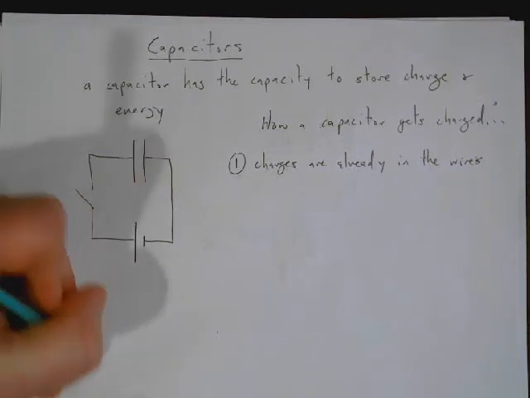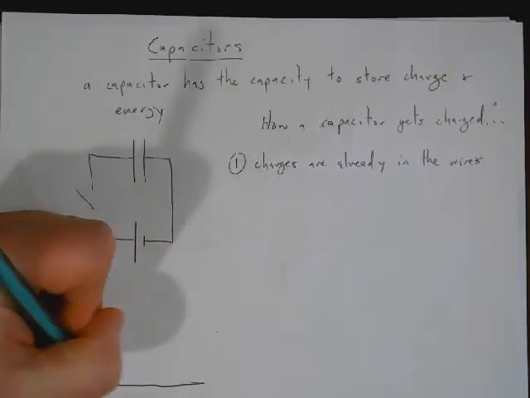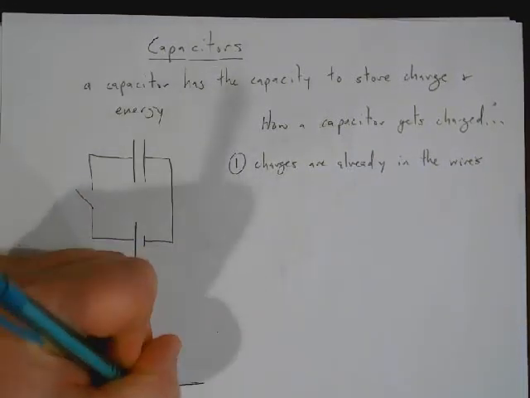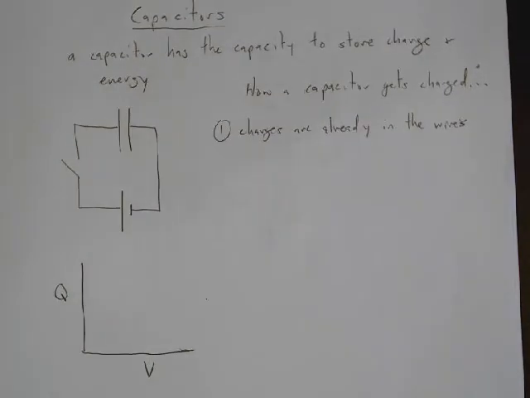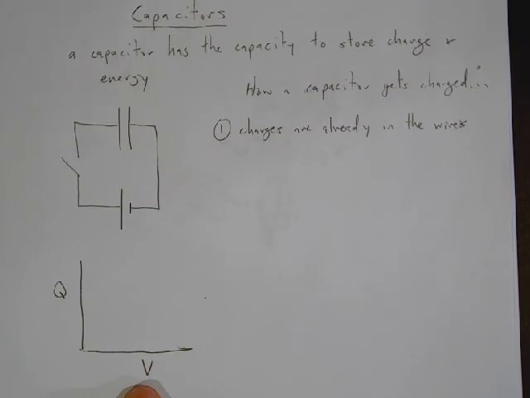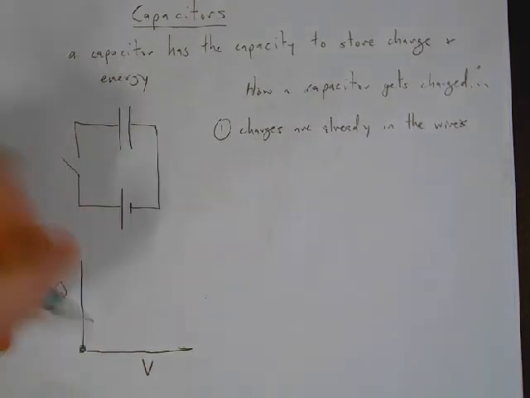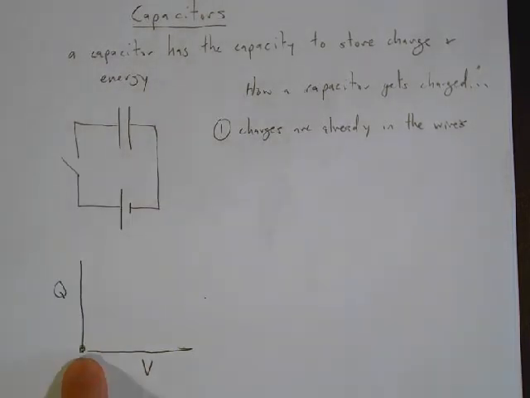This graph is super duper important when we're talking about capacitors. When you're thinking about a capacitor, you need to always be thinking back to this. If you have an uncharged capacitor, it starts right there. There's no charge, there's no voltage across it.